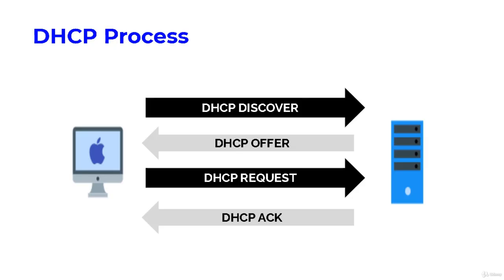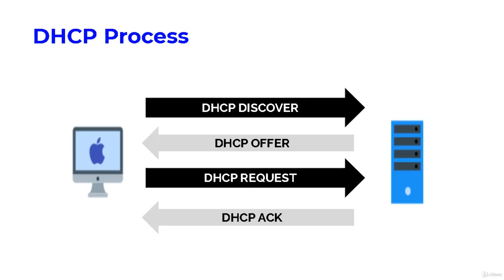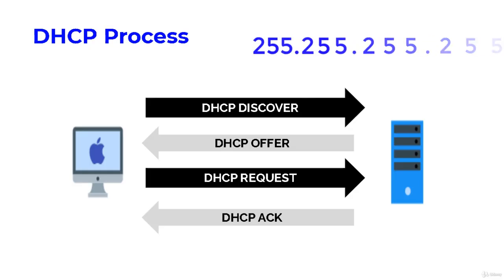But it doesn't know which node is the DHCP server, and therefore it relays a DHCP discover message asking, "Can someone here give me an IP address?" The message is sent to 255.255.255.255, which is the networking jargon for everyone. So everyone receives the message, but only the captain, that is the DHCP server, replies.